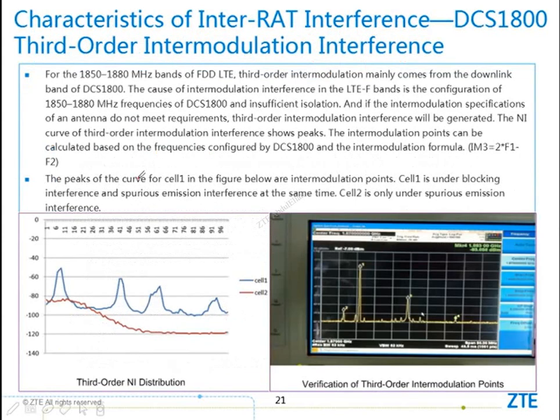Now let me show you some examples. First, this example is about DCS 1.8, which is GSM. This frequency may interfere with FDD LTE 1.8.